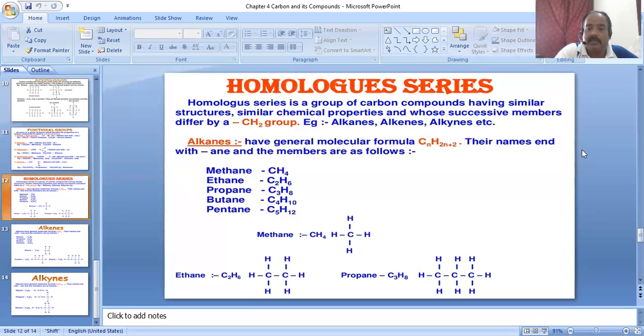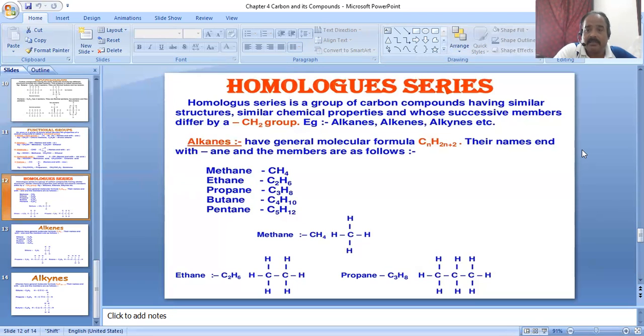For example, for the second member, C2 and adding hydrogen, the new formula is C2H6. For the third, increase one carbon, so now C3, and add two hydrogens, so H8, and the new chemical formula is C3H8.